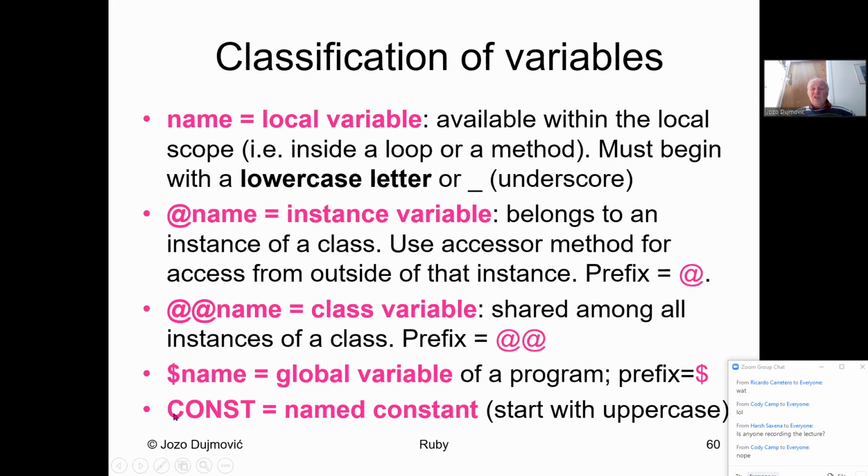So size will be written in uppercase or const in uppercase. So this is named constant. So this is the syntax. Local variable, instance variable, class variable, or named constant. So when you see the name of it, you know immediately what is the role of this variable, which is very, very nice feature.